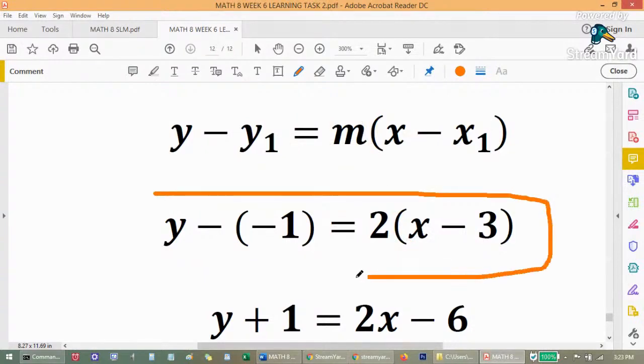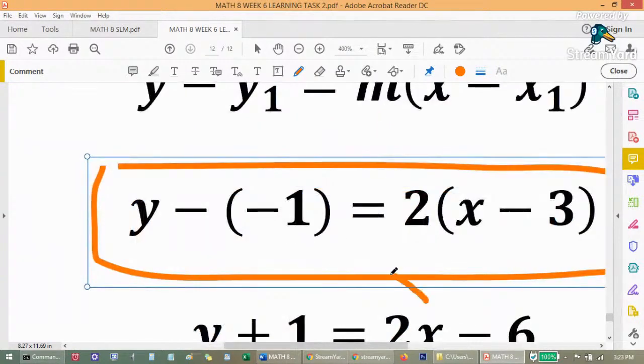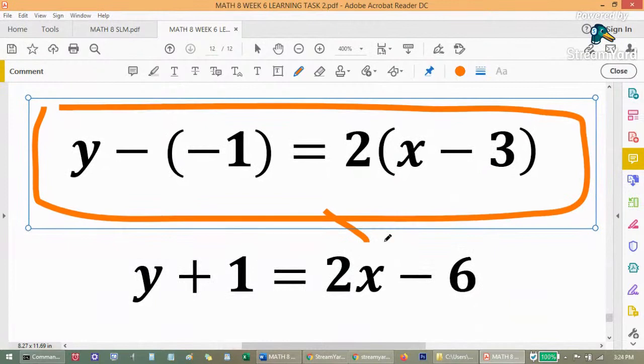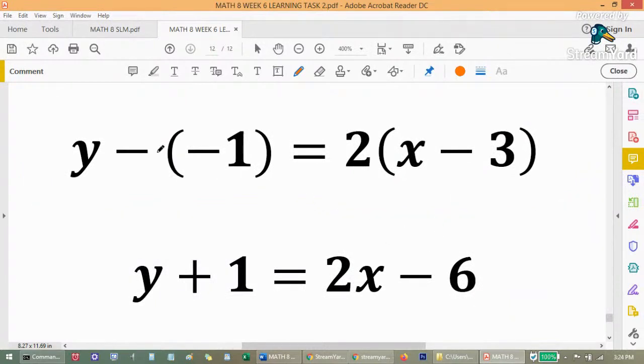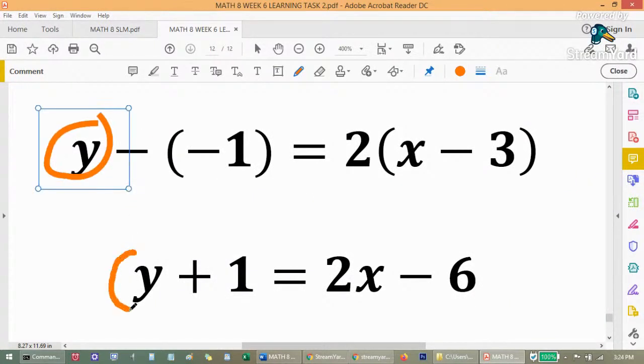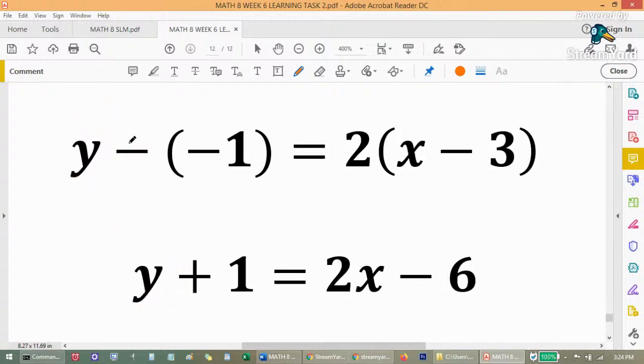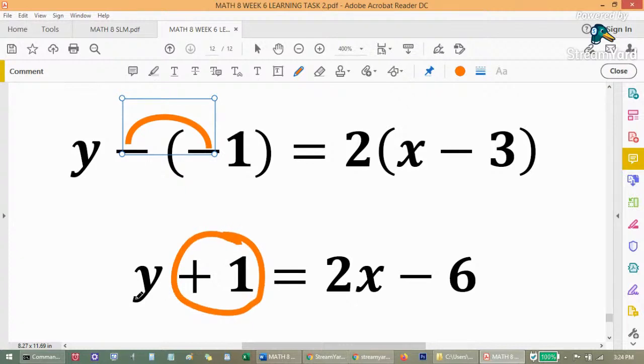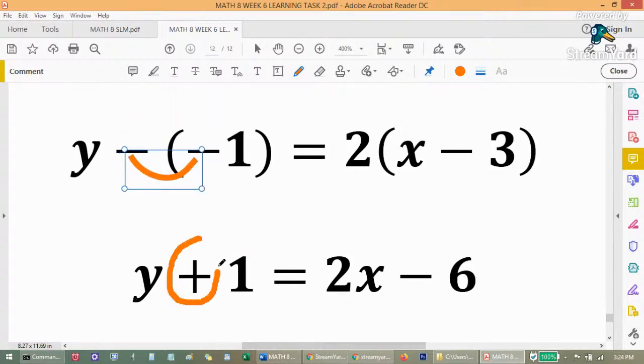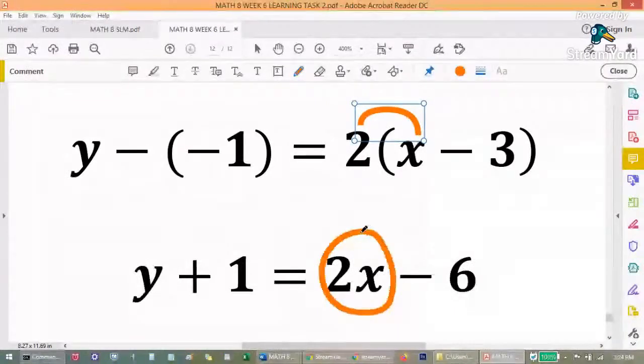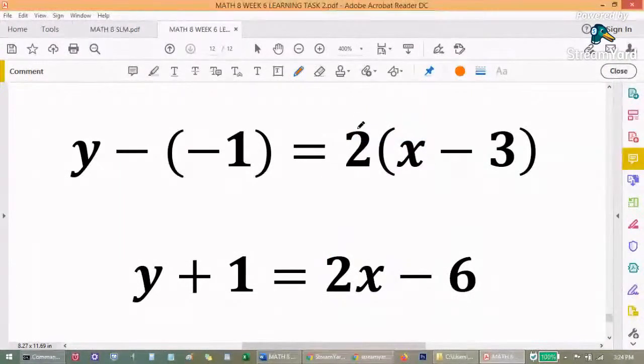And then, papagpatuloy natin to, simplify natin. So, y, copy natin y, then negative times negative, magiging positive 1. Negative times negative is positive, ano? So, magiging 1. And then, 2 times x is 2x. And this is positive.